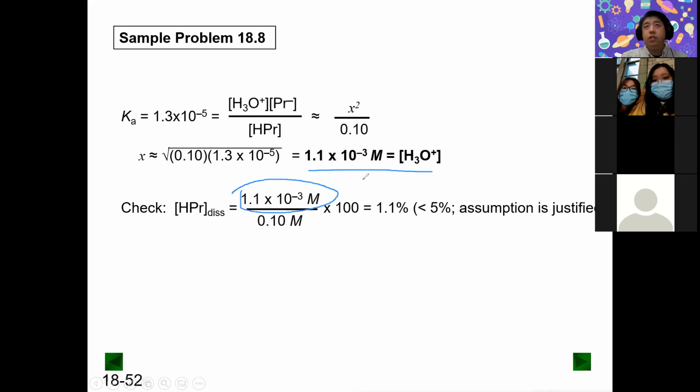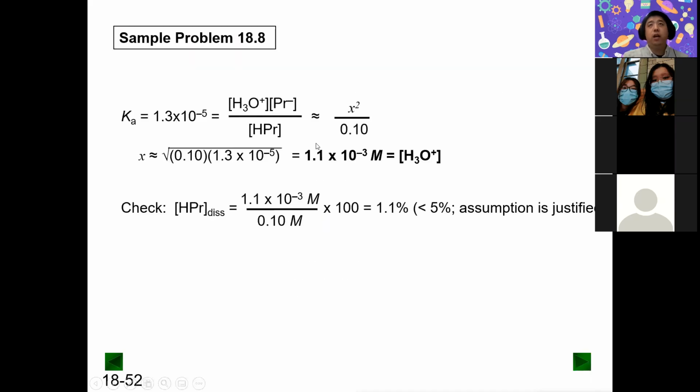This was the concentration of H plus. This is essentially your X. So you put your X over your initial times 100, that should be less than 5%. So this is also known as percent dissociation. So how much of the H plus comes out of my weak acid? And we assume that as long as this number is smaller than 5%, then your 5% rule will work.